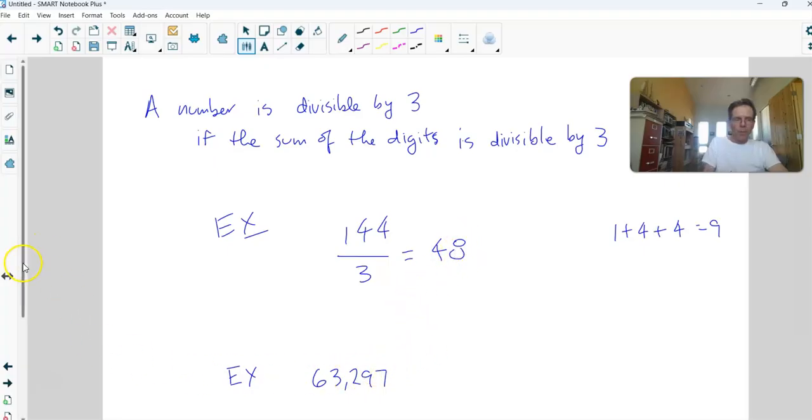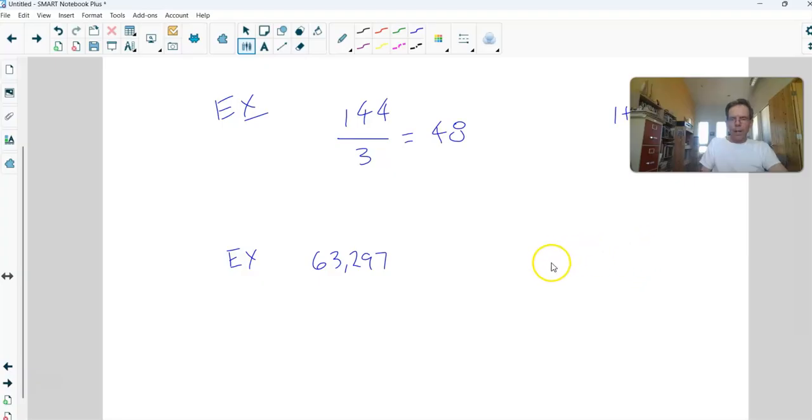How about this big number? Let's add up the digits. 6 plus 3 plus 2 plus 9 plus 7. Let's see, that's 9, 11, 27. 27. If you're wondering, does this number divide by 3? Well, add those up and you get 9.